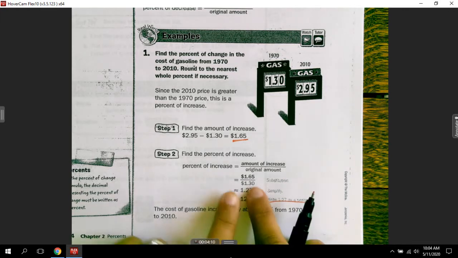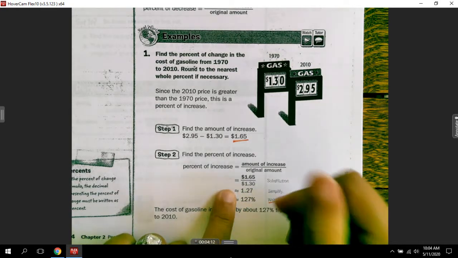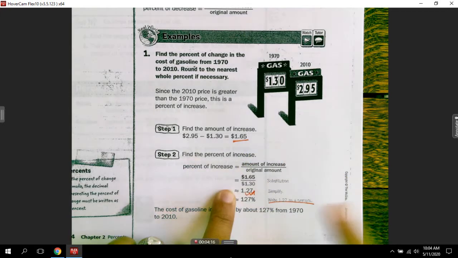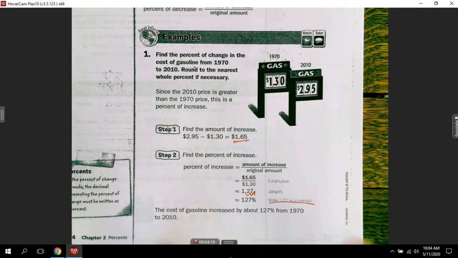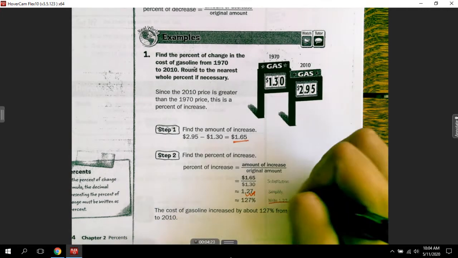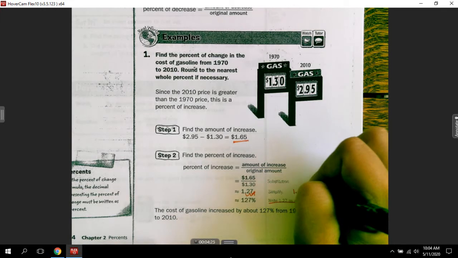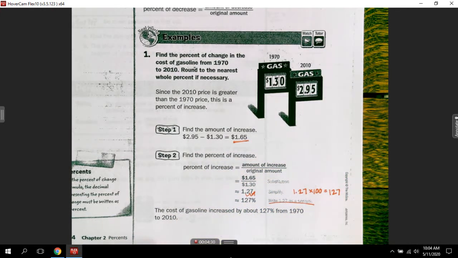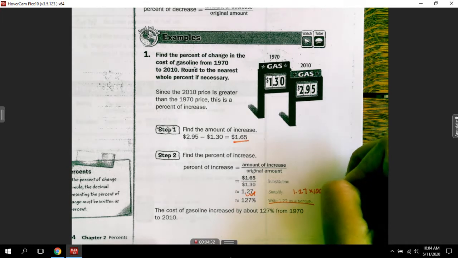So remember, if you're going from decimal to percent, you can either move that decimal place 2 places to the right, or you can simply just multiply by 100, okay? So you could have also done 1.27 times 100, and it'll give you that 127, okay? And that's in a percent, okay?